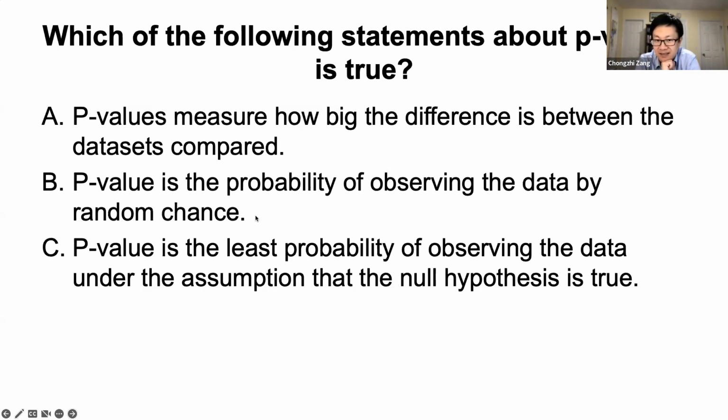Does that mean the one with 0.001 is more significant than the study that only reports 0.01? The answer is no, not necessarily, because we don't know their respective null hypotheses.